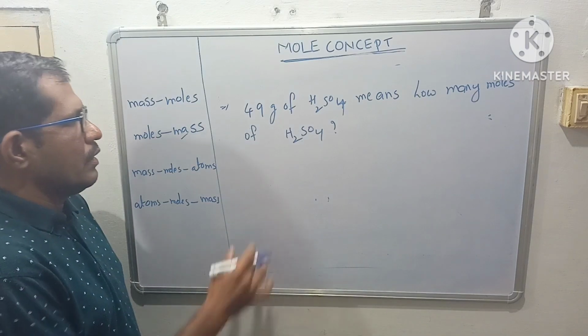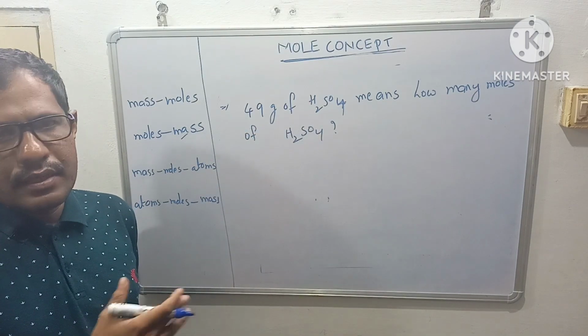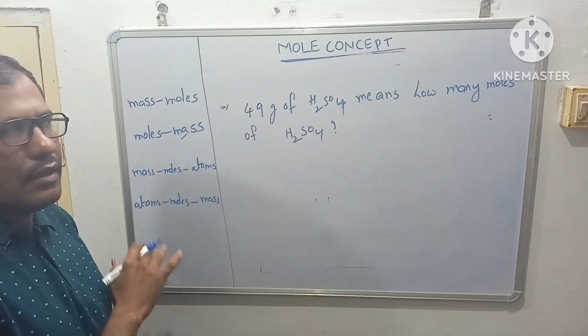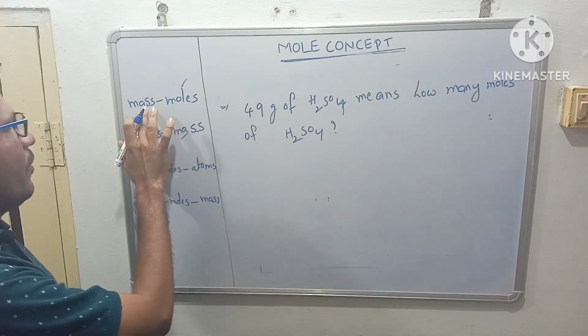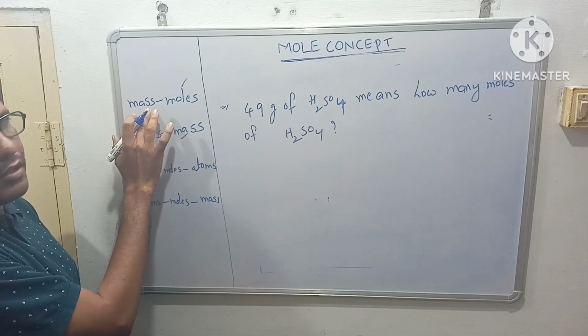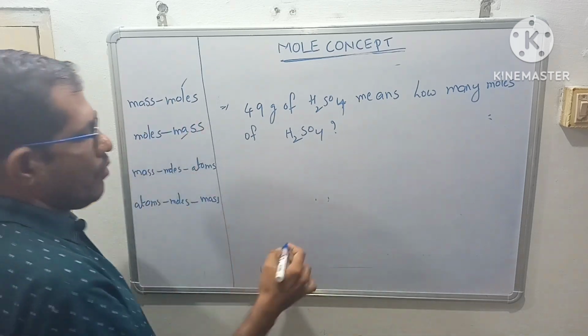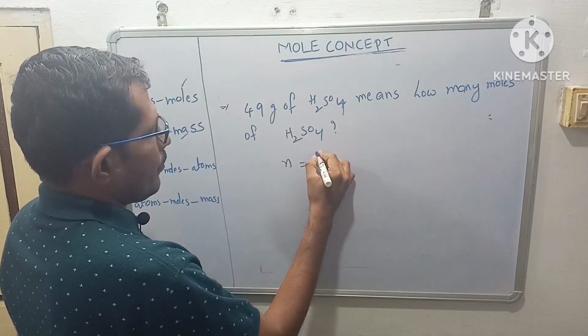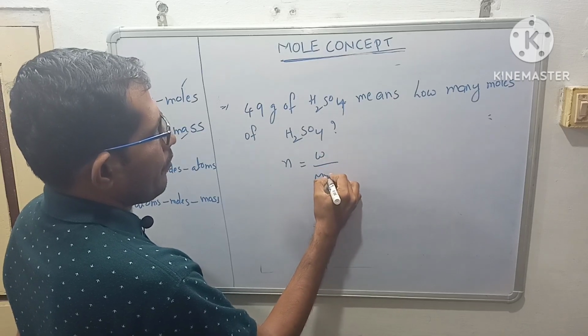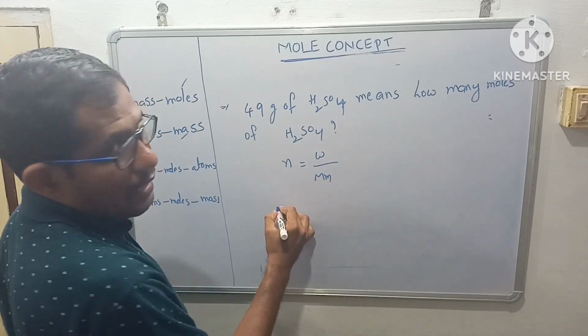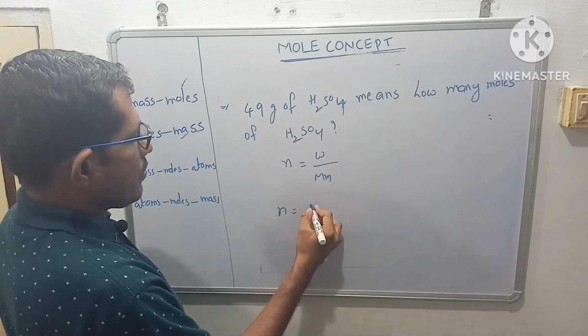Here what is he giving? He is giving us mass. He asked us to calculate the moles. So just follow the first path, mass to moles. So we have the formula. What is that? Moles equal to weight by molar mass, right? He asked us to calculate the moles and he gave us the weight.